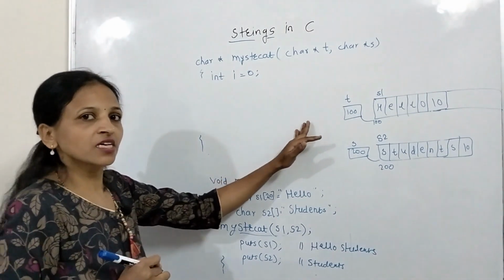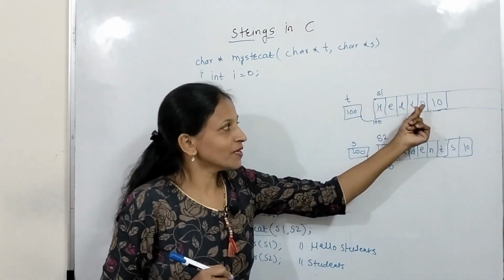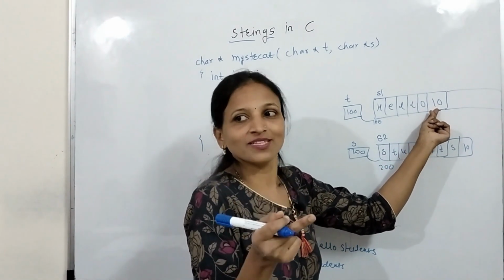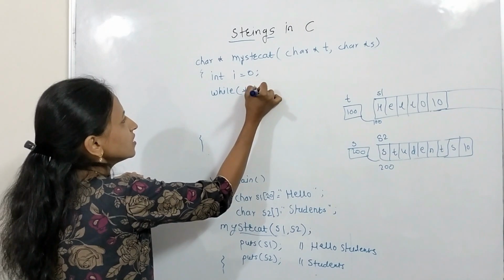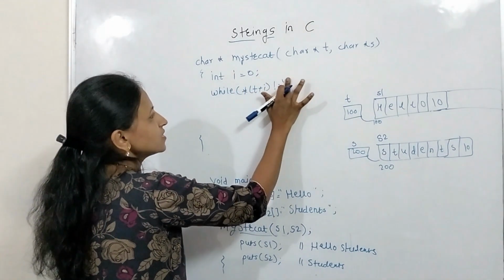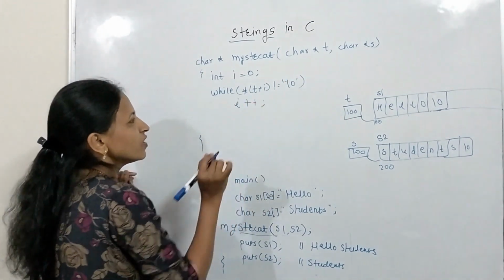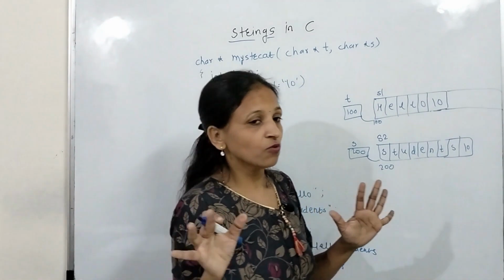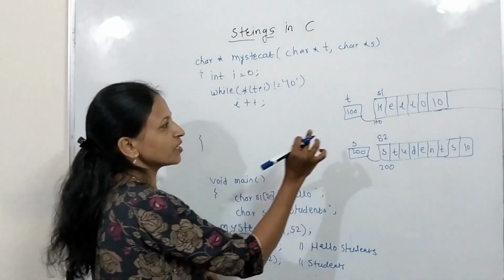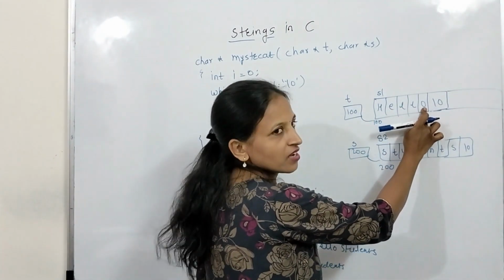Now what should be done here? Tell me. See, while *(t+i) not equal to '\0', we will do that i++. Only one statement will be there in this loop. Now what will happen here? Because of this statement, I will become, see here, I is 1 2 3 4 5.